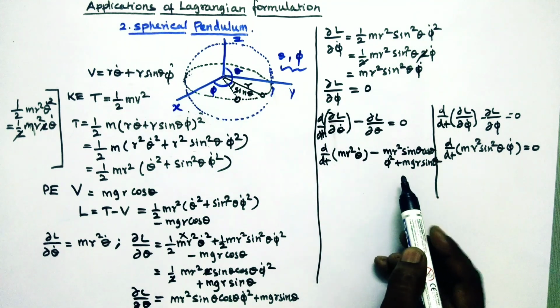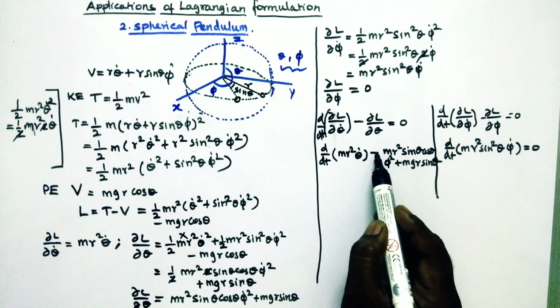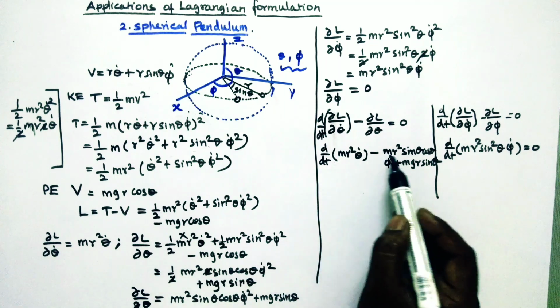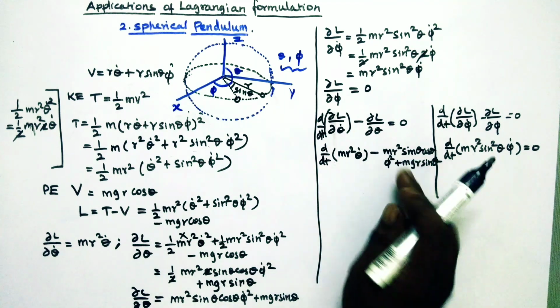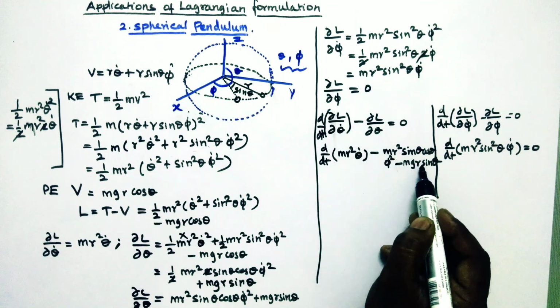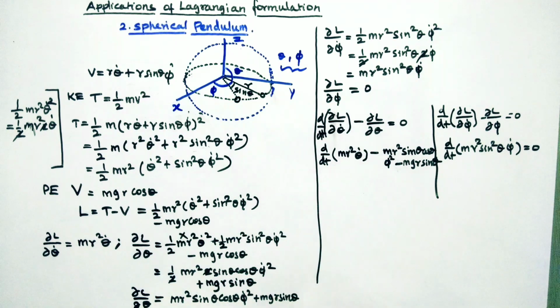Here one correction: when we apply this value here, put minus here also, so here minus m g r sin theta, this is correct.